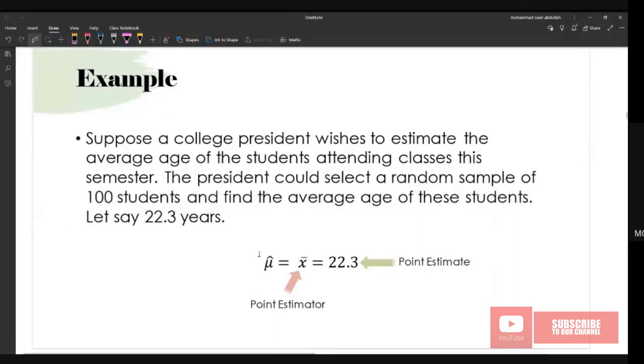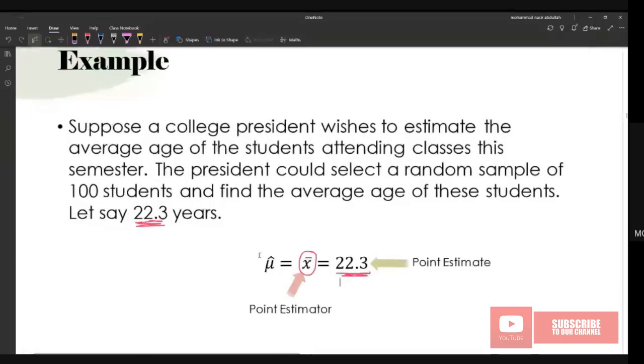The president could select a random sample of 100 students and find the average age. Let's say the average age of the 100 students is 22.3 years. So this is the point estimator, and this is the point estimate. I just want you to be clear about the difference.